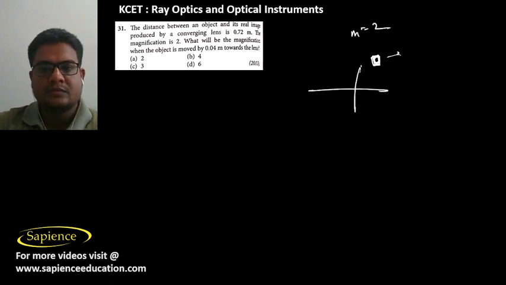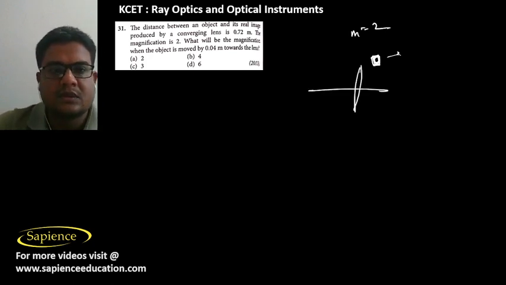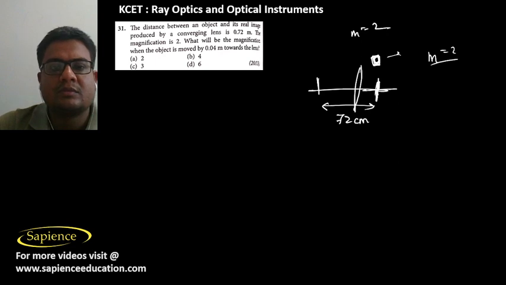Converging lens means it is a convex lens. The distance between an object and its real image, that is inverted, is 0.72 meters, that means 72 centimeter.